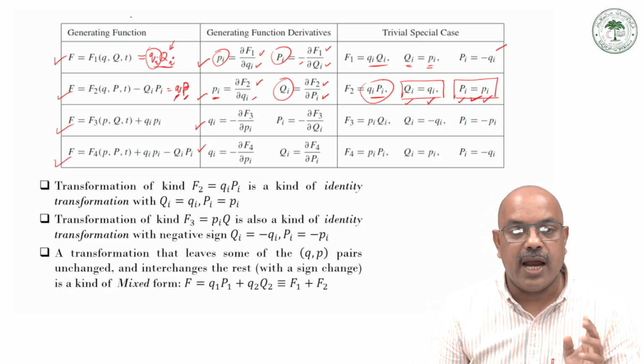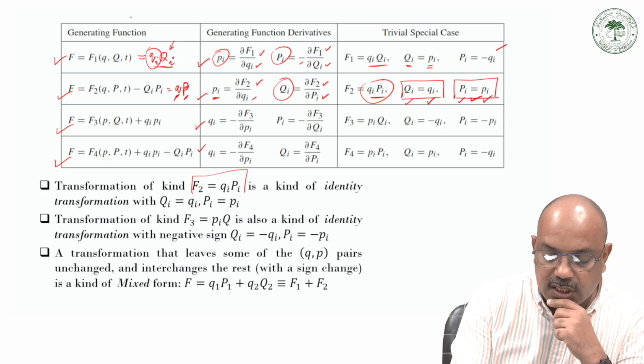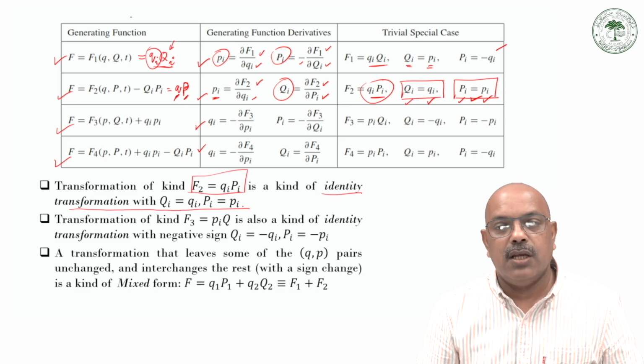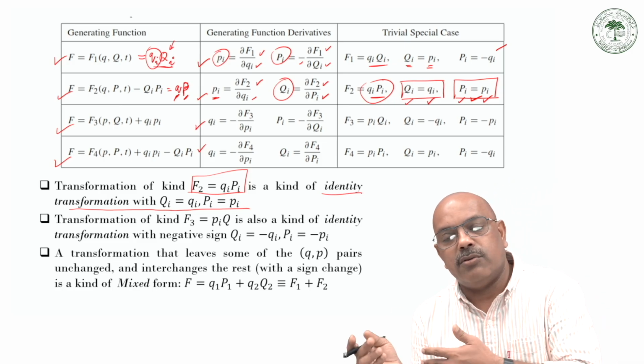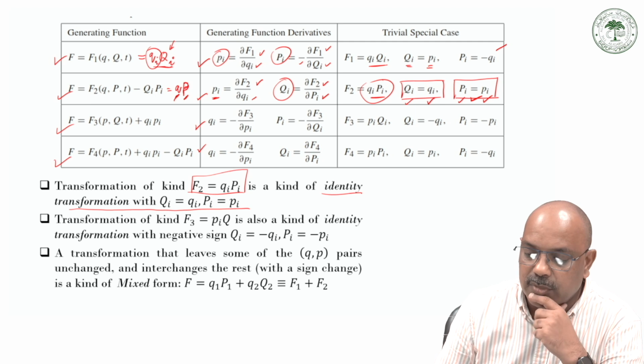This is kind of an identity transformation. So f2, which is qp, is a kind of identity transformation with q old going to q new, and the new momenta equal to the old momenta.